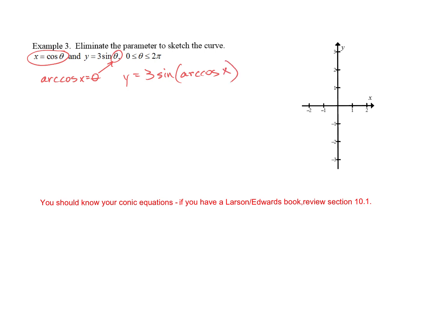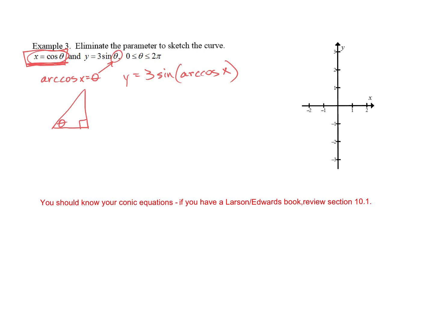Now we've got our equation with just x and y, but that is not an algebraic equation. It's got transcendental functions in it, and so we would really want to figure this out a little bit. If you think about it, we'll make a right triangle here with angle theta, because remember we can do SOHCAHTOA with sine, cosine, and tangent. The cosine of theta is equal to x, or x over 1.